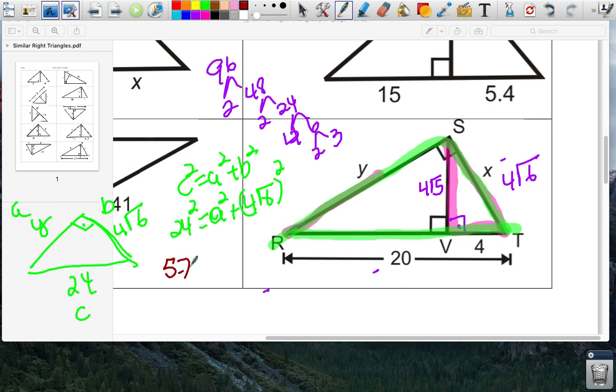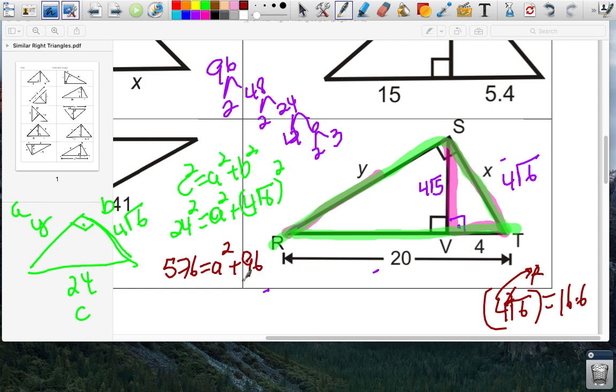We get 576 equals a squared plus 4 square root of 6 to the second power, which becomes 4 to the second power is 16 times the square root of 6 to the second power, which cancels out and becomes just 6. So 6 times 16 is 96.